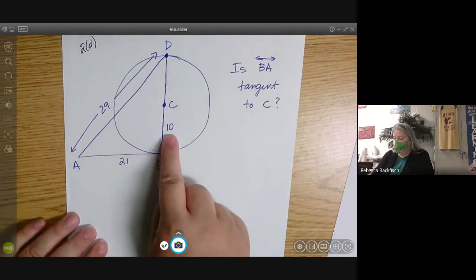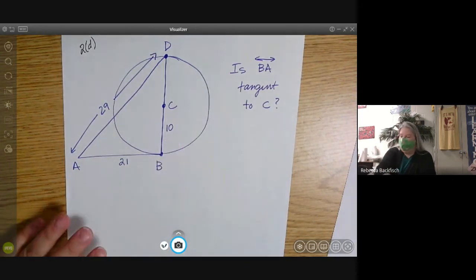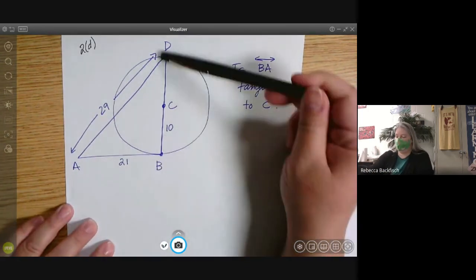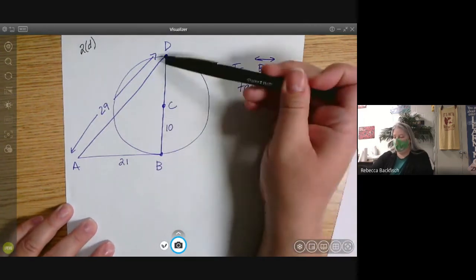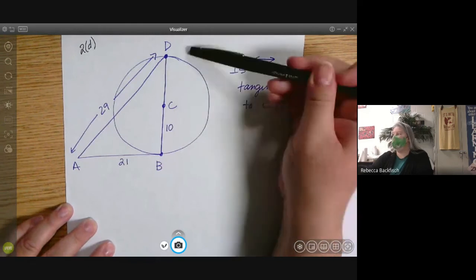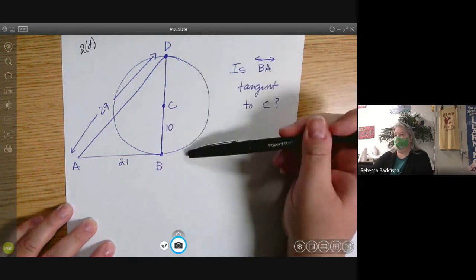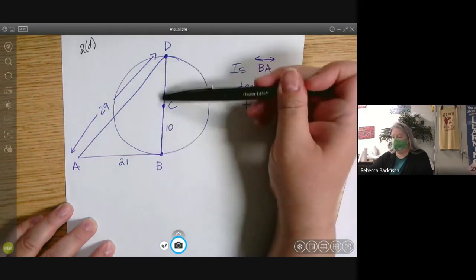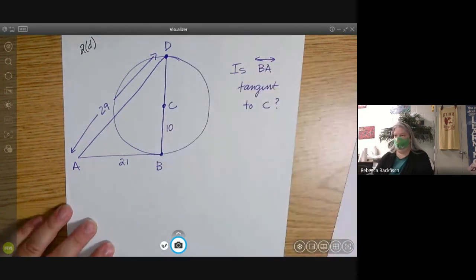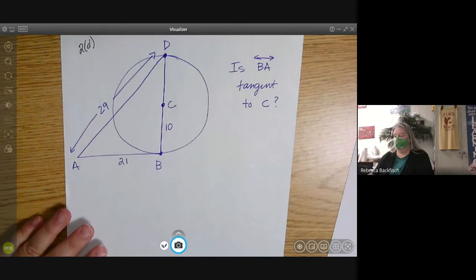So this 10 is right here. If I wanted to tell you the entire length of DB, I would either have to tell you both of these lengths or write it out to the side with something that indicates it's the whole thing. Okay, so this is only CB, which means this is also 10, which means that's 20. Questions there?